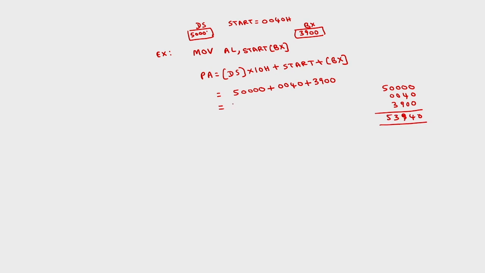So this is the physical address of the memory from where the data will be transferred. Now, if the contents of this location is CC, then after the execution of this instruction AL contents becomes CC. This type of addressing mode is called based addressing mode.